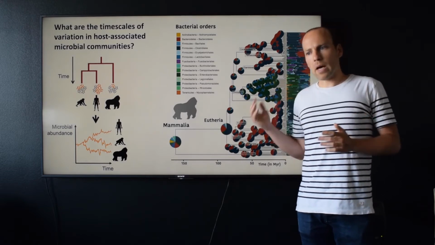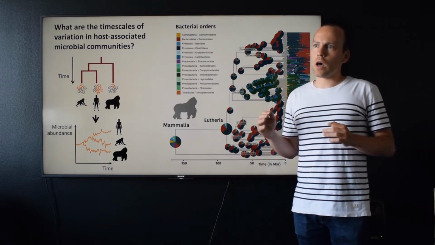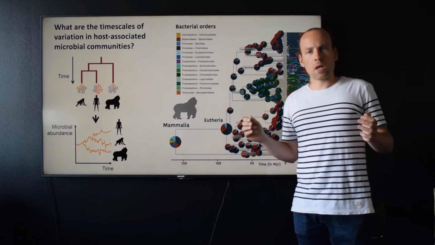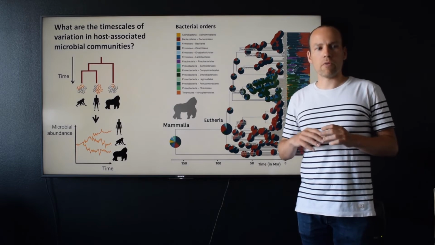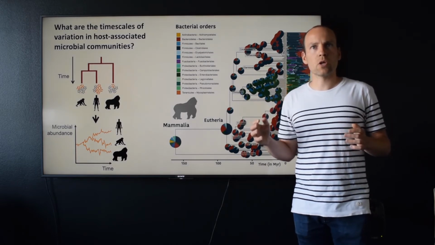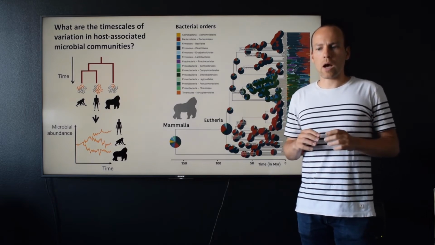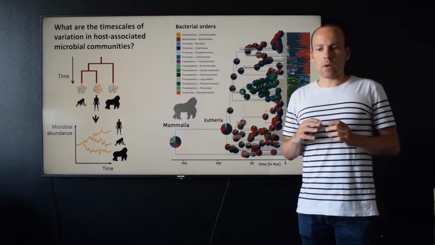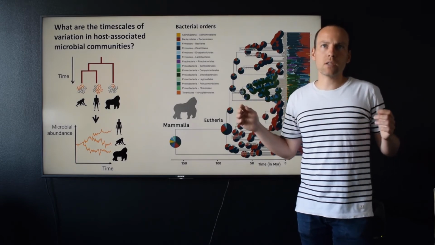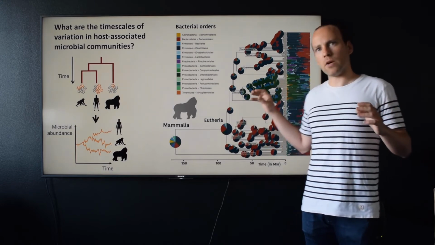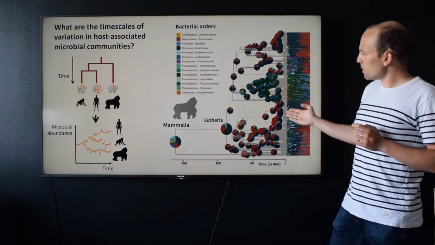But in my case, I am looking at this variation over longer time scales, and wondering how variations on longer time scales contribute to shaping these microbial communities. And to do this, we look at different hosts that are more distantly related to each other, that can be placed on evolutionary trees, like here for mammals.